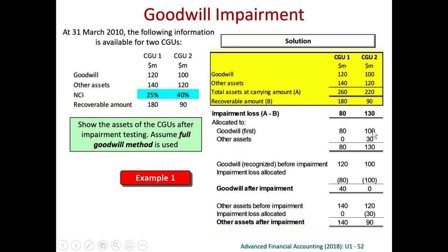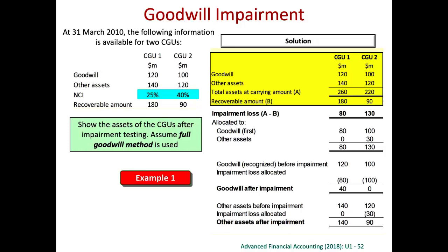So that's why you credit goodwill 100, you debit impairment loss 130. Then the other credit, you may have to credit to other assets on a pro rata basis. We don't have information here, but it may be the property, plant, equipment, fixture, furniture, motor vehicle, etc. on a pro rata basis.